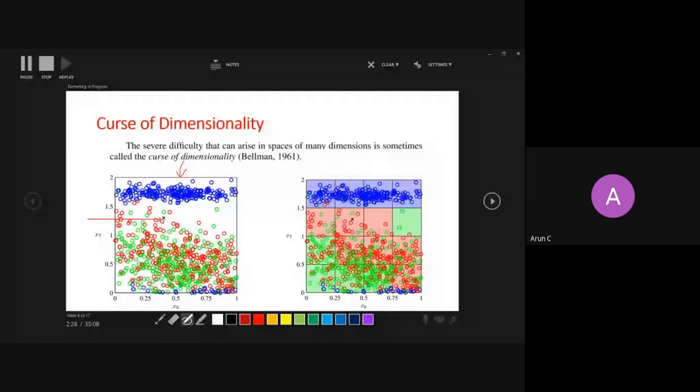Here we have divided this two-dimensional space into 16 squares, and this is the square where the cross falls. We count all the samples here, and we found that red has the majority, so we label this X as red. This is what this algorithm says.